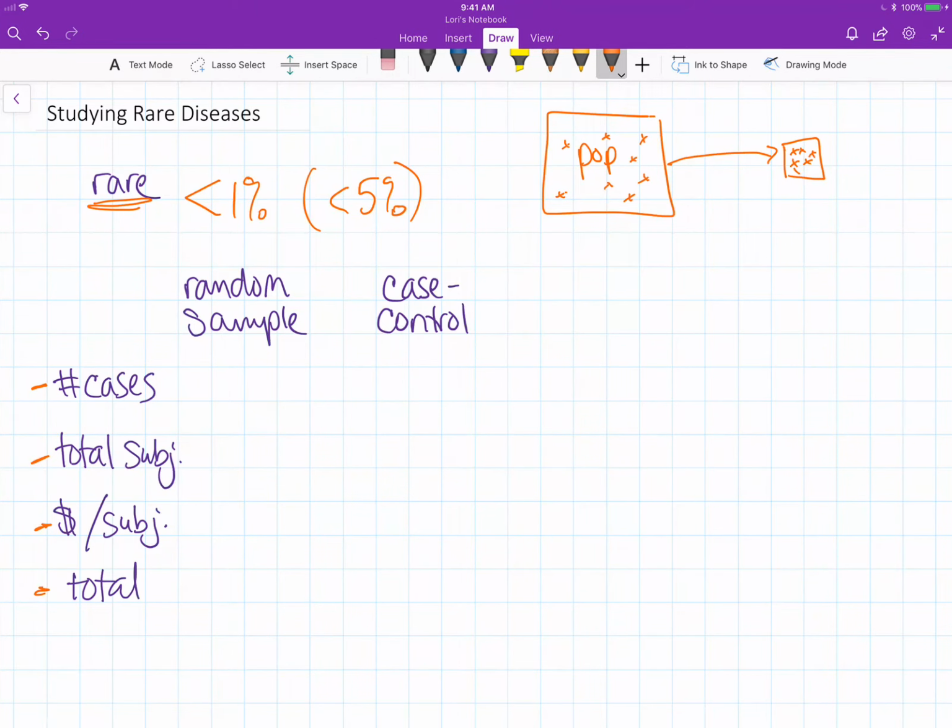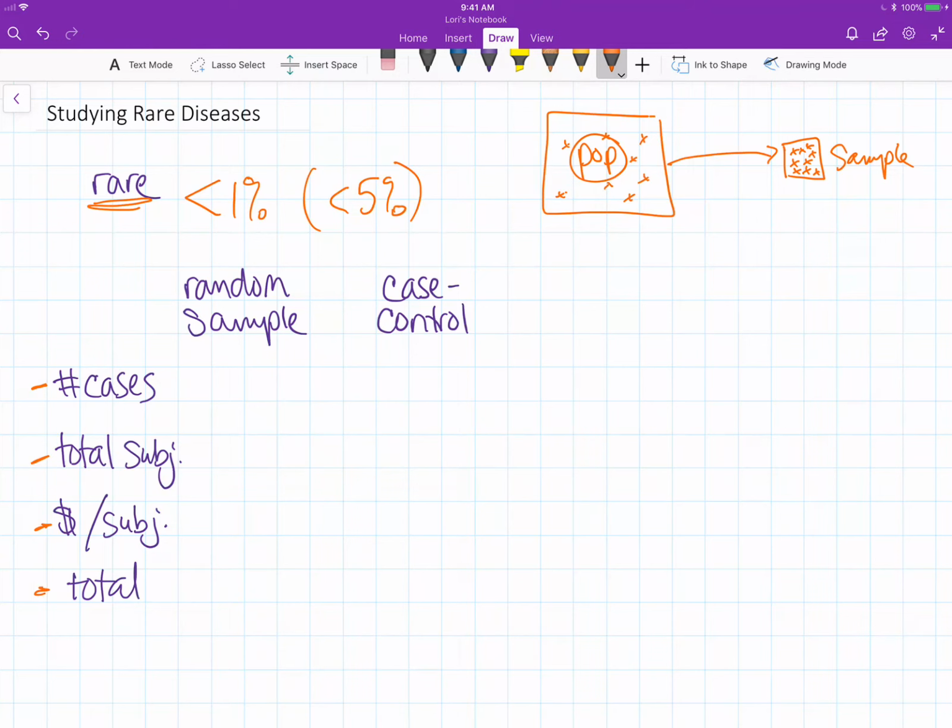Obviously I'm only drawing a few X's here, but we generally have dozens or hundreds or thousands of people in our sample. But this is much smaller than studying the whole entire population. So we rarely could study absolutely everybody.